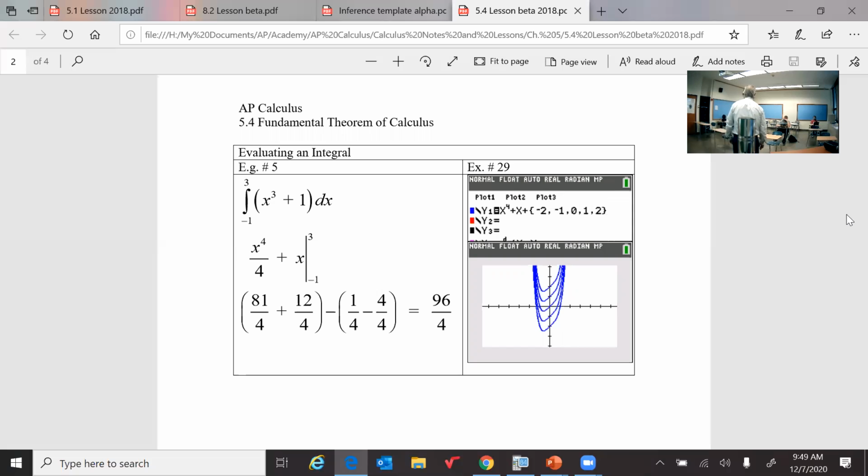Okay, what does the 24 mean? It means that's the change in height of this parent graph between -1 and 3. So if I go over here and say -1 and 3, what's happening here? For the parent graph, you're getting 1/4 take away 1, you're getting -3/4.